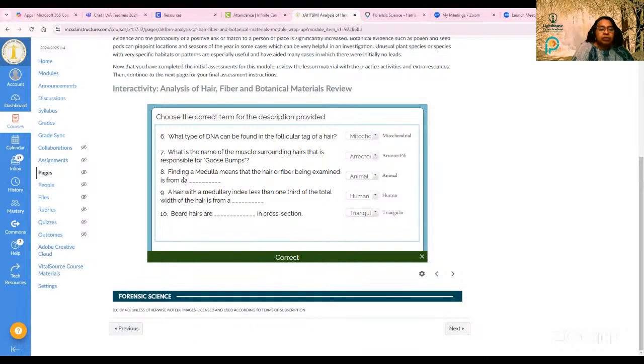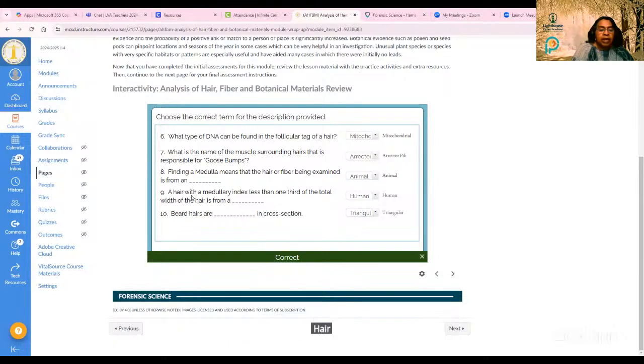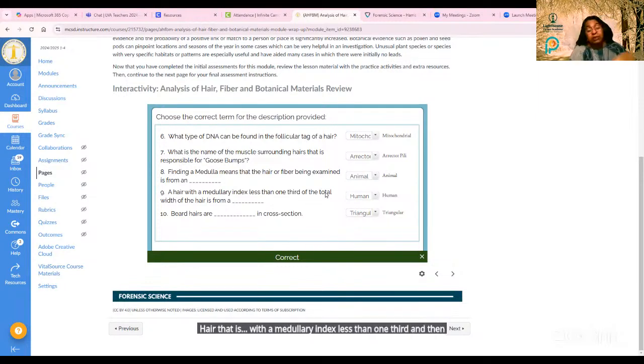All right, finding a medulla means that the hair or fiber being examined is from an animal. Hair with a medullary index less than 1/3 is human, and that was another thing that was in the video.